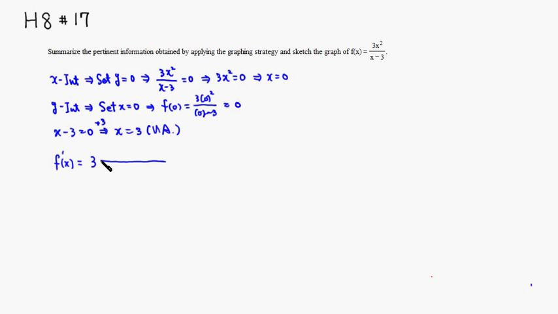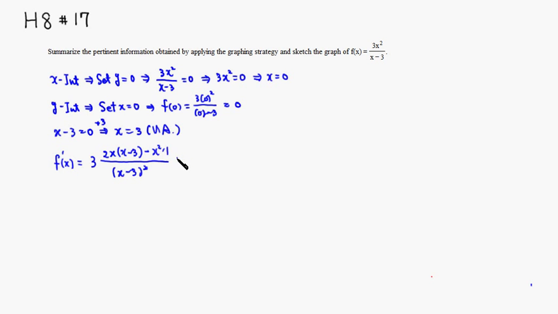Square the denominator, so you have x minus 3 squared. Then the derivative of the top is 2x times the denominator, quantity x minus 3, minus the top, x squared, times the derivative of the denominator, which is 1.